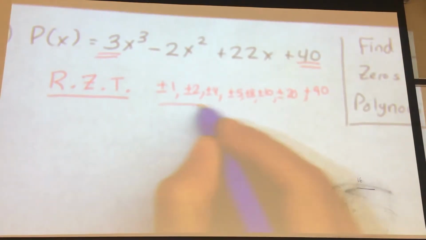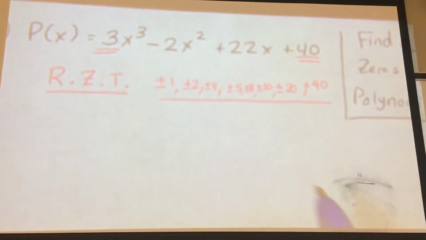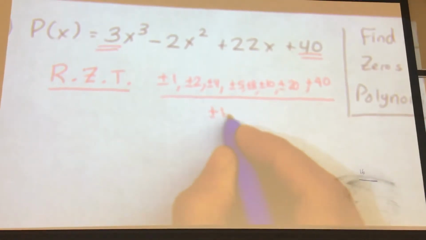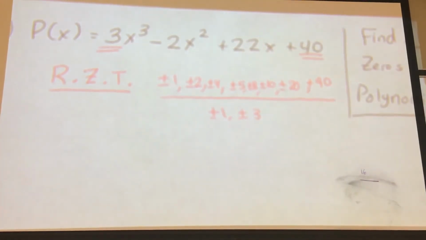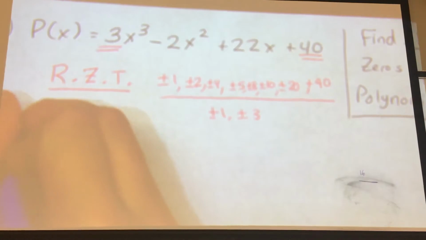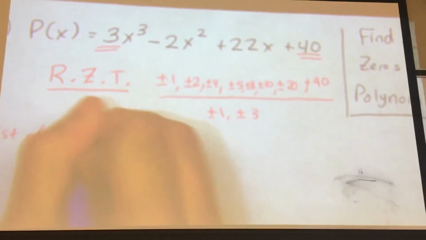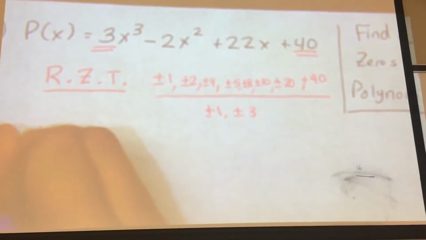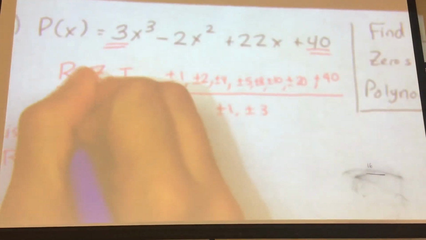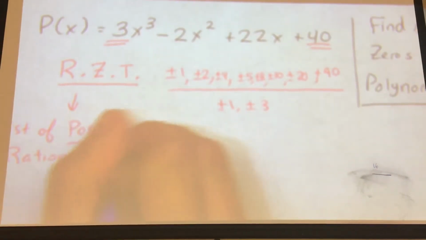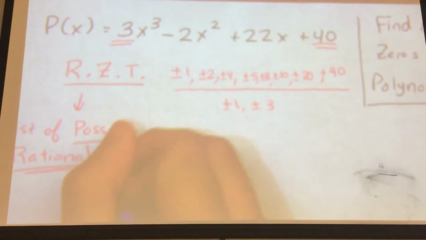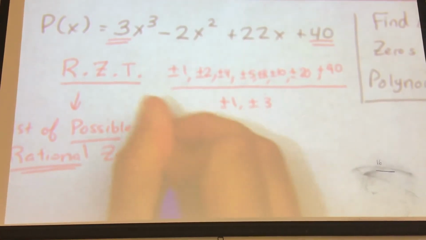I'm going to divide each of those by the possible factors of the leading coefficient, which are 1 and 3. So my list of possible rational zeros, that's what this gives me, I could list it as a set.